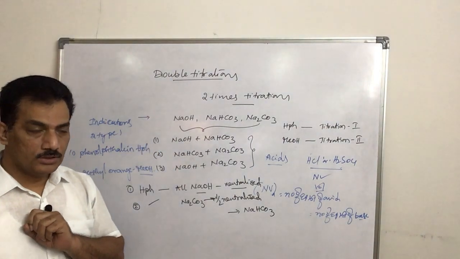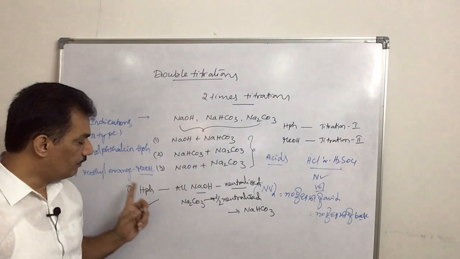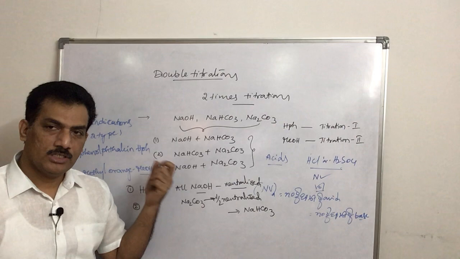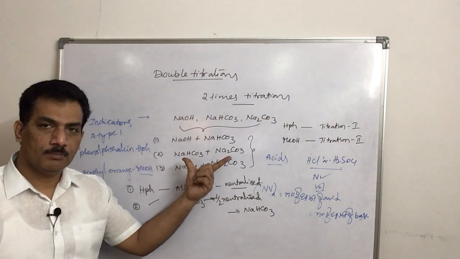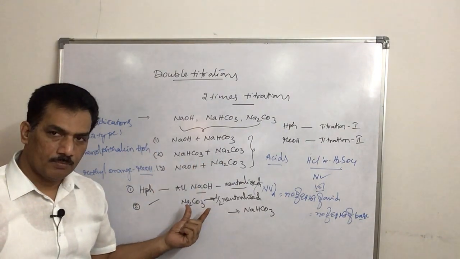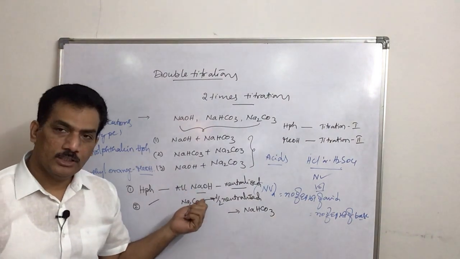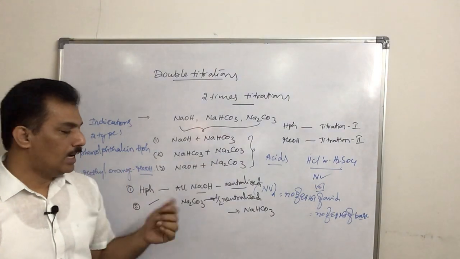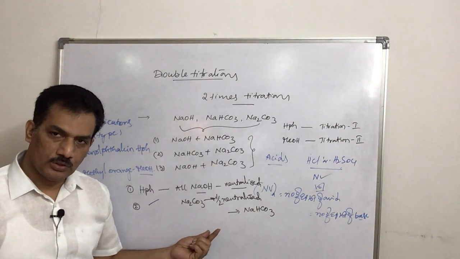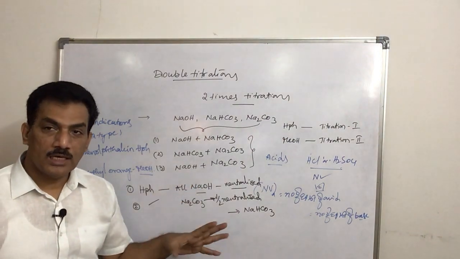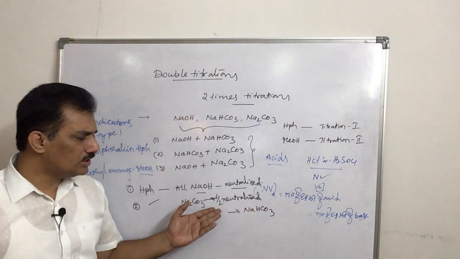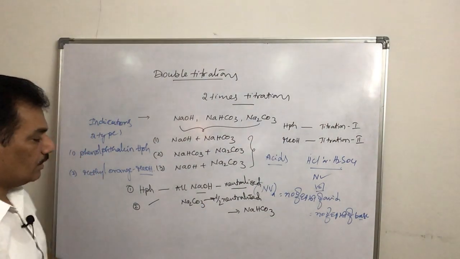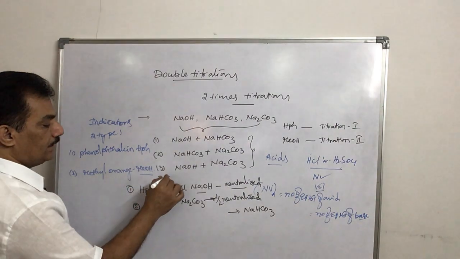Just again consider this, when phenolphthalein is the indicator, when we are titrating the mixture solution which possesses two of the three, these two phenomena will happen. That is, all the NaOH present in the solution, if any, will be neutralized completely. And Na2CO3, if present in the solution, will be neutralized to half. Half neutralization is nothing but it is converted to NaHCO3. Clear? That is happening in phenolphthalein. That is nothing but titration 1.